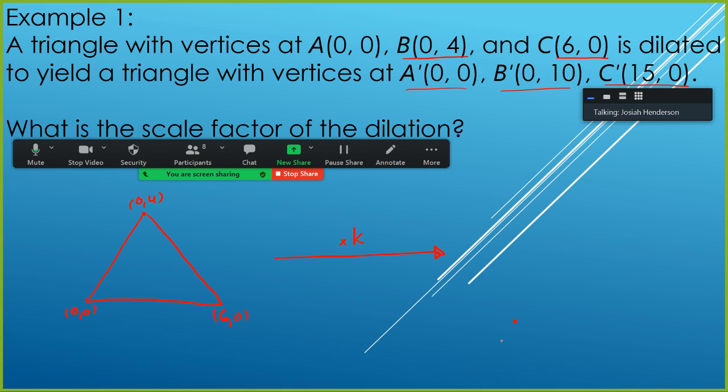A prime is still at 0, 0. B prime is higher at 0, 10. And then C prime is at 15, 0.